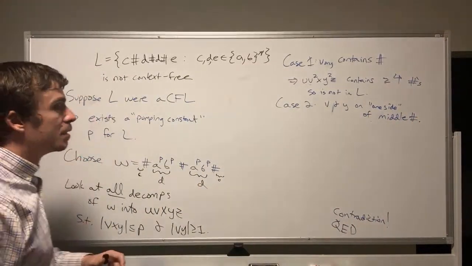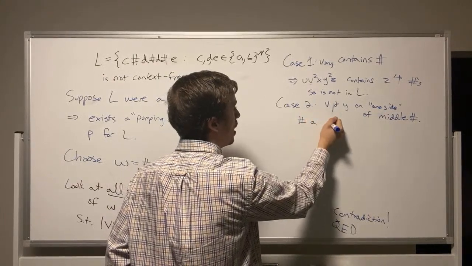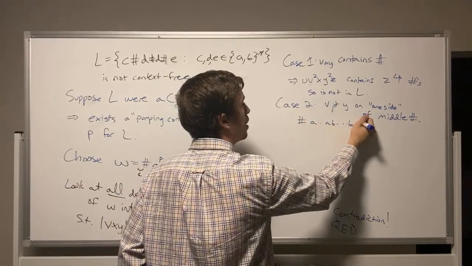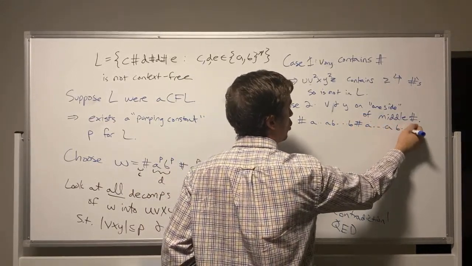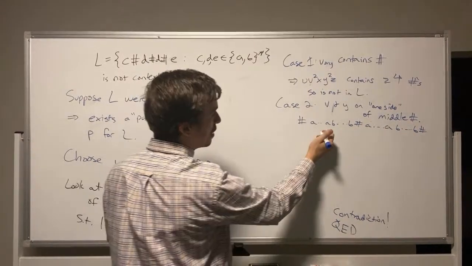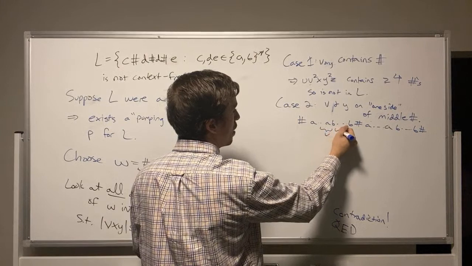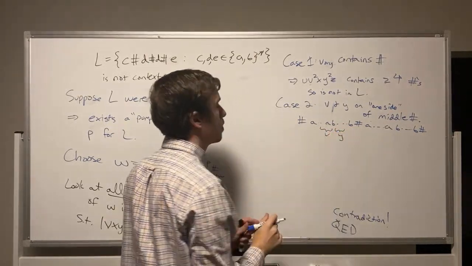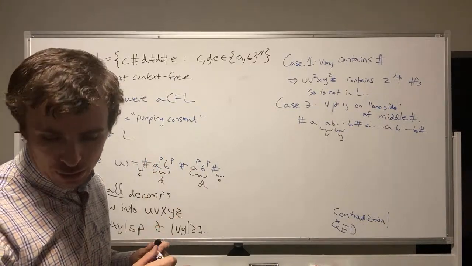So let's draw what that looks like. We have pound sign, a bunch of A's, a bunch of B's, pound sign, a bunch of A's, a bunch of B's. So the V, let's say, is here, and the Y is there. That's just one possibility. There could also be many other possibilities.